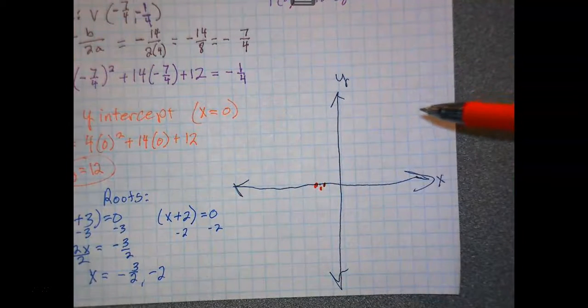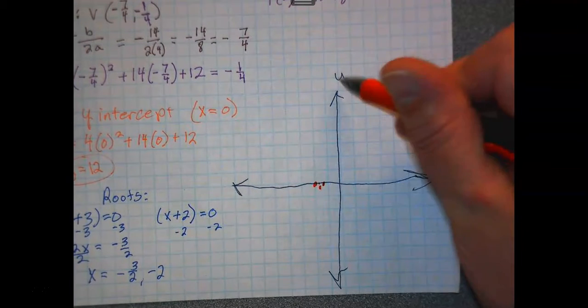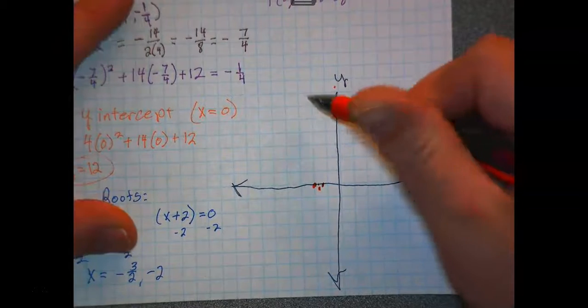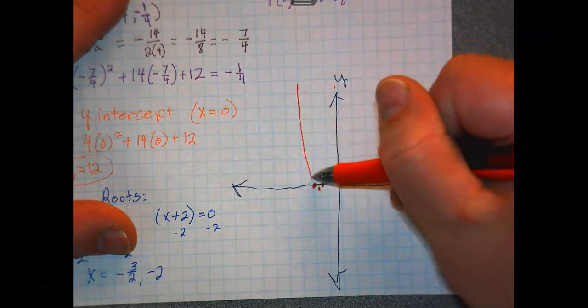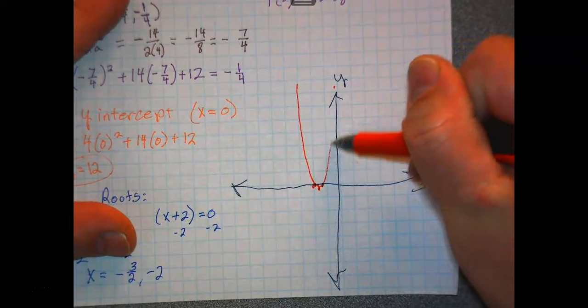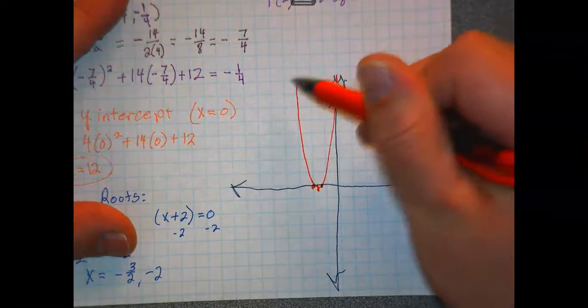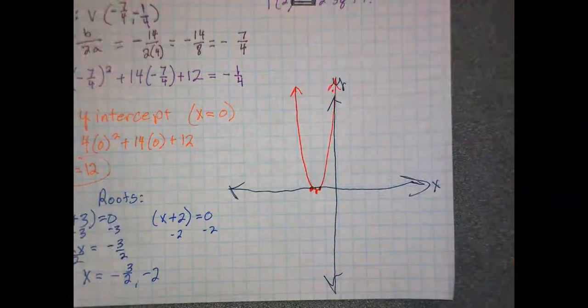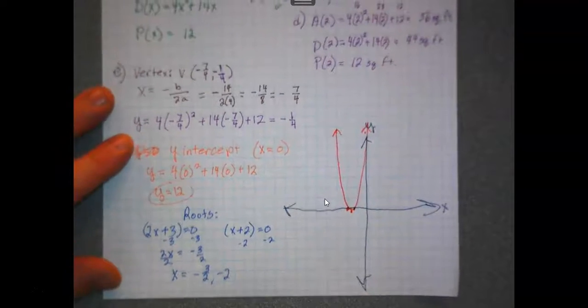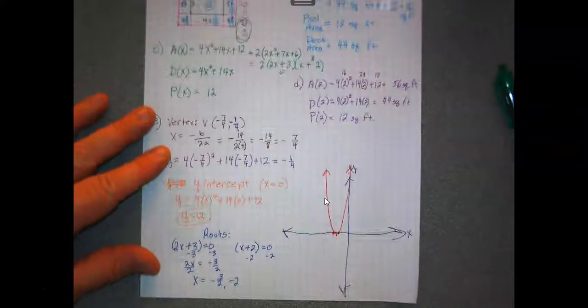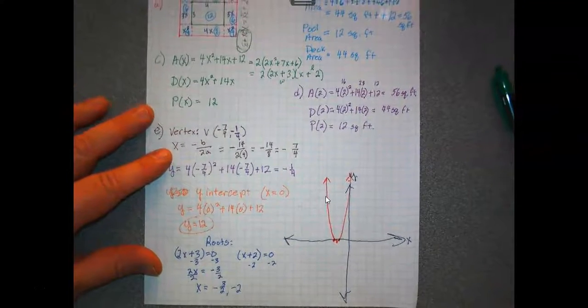We have a y-intercept of 12, so way up here. So this could be a pretty skinny parabola. There we go. Ugly axis, but my graph is nice. And there you have pool number 5.